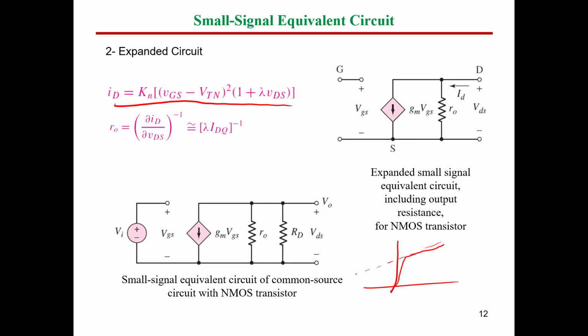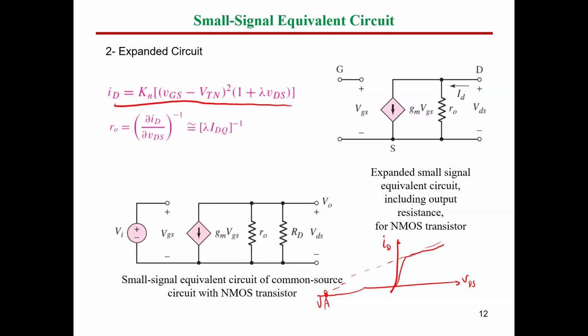If you extend this line to minus value, it will intersect at the avalanche voltage, and you have here a factor called lambda. We discussed this before in our classes. So this is the exact ID-VDS characteristic.